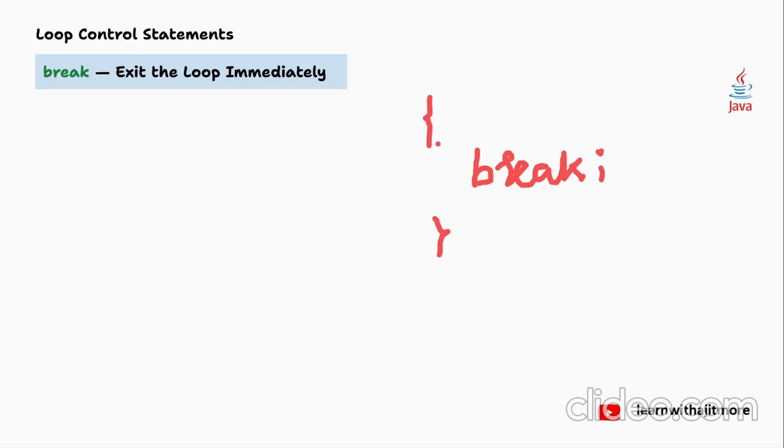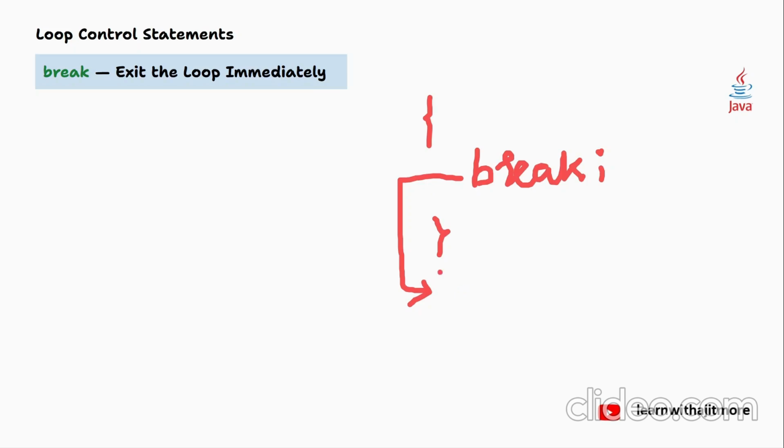The execution of that loop is stopped, and the control is transferred to the first statement after that loop body.